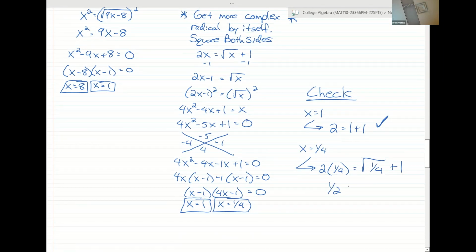This is 1/2. And the square root of 1/4 is just the square root of 1 over the square root of 4, or 1/2, plus 1. Doesn't look like that works. The only answer for this would be 1.